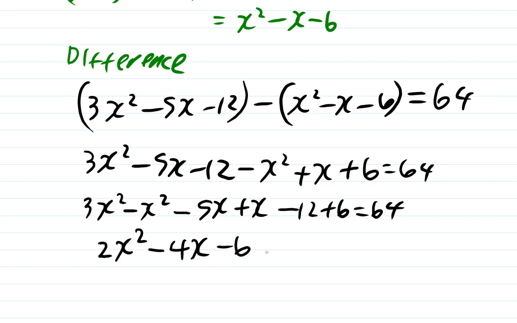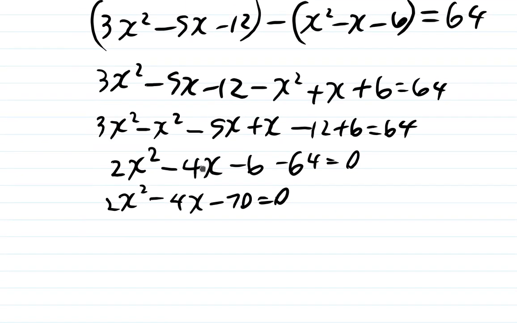Let's subtract the 64 from both sides. Minus 64 equals 0. So you have 2x squared minus 4x. Negative 6 minus 64 is going to be negative 70 equals 0.